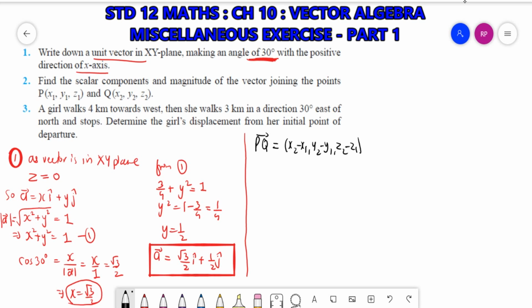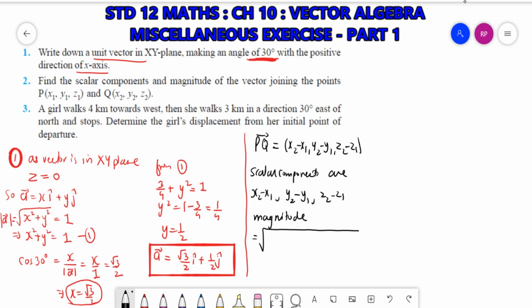Now you have to find the scalar components, which are x2 minus x1, y2 minus y1, z2 minus z1. And the magnitude of vector PQ will be equal to the square root of (x2 minus x1) whole square plus (y2 minus y1) whole square plus (z2 minus z1) whole square.